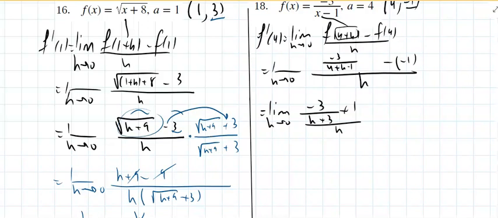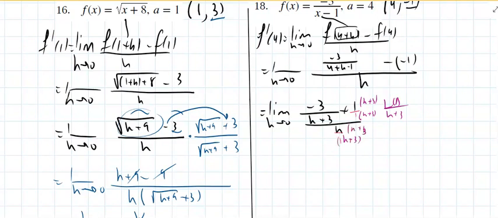Again, a complex fraction. The LCD for the top and the bottom combined would be h plus 3. If I made sure that each of those is over h plus 3, I can eliminate the complex fraction and transform it to a single fraction, which is a lot easier.